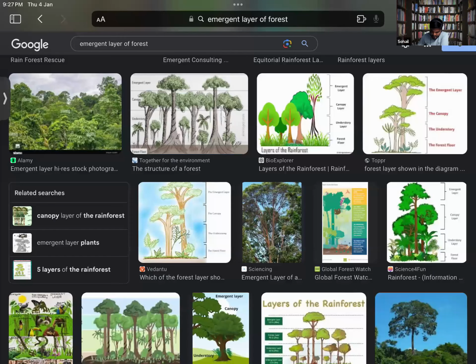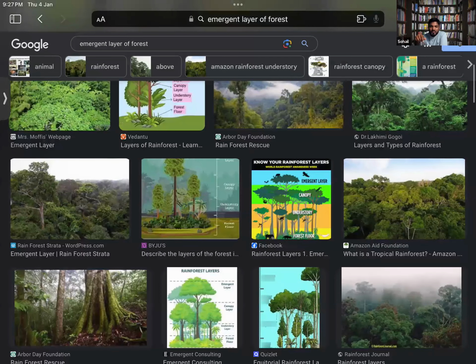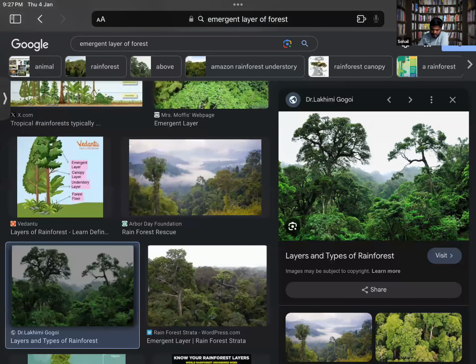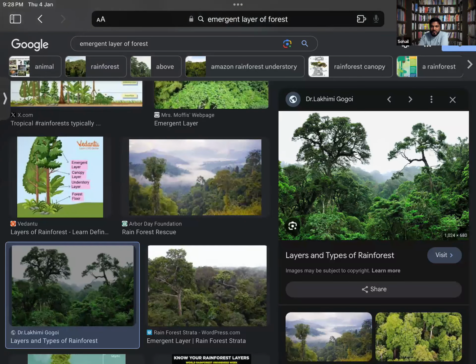Look at some other images of it also. Have a look at this image. See in this one, look at the two tallest trees in this image. That is actually the emergent layer.